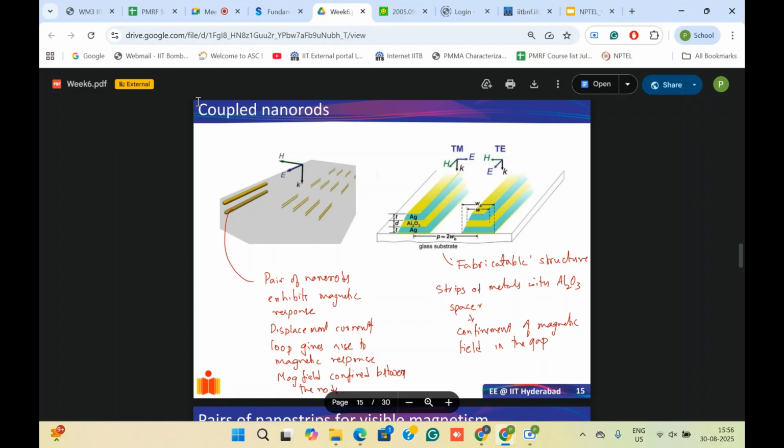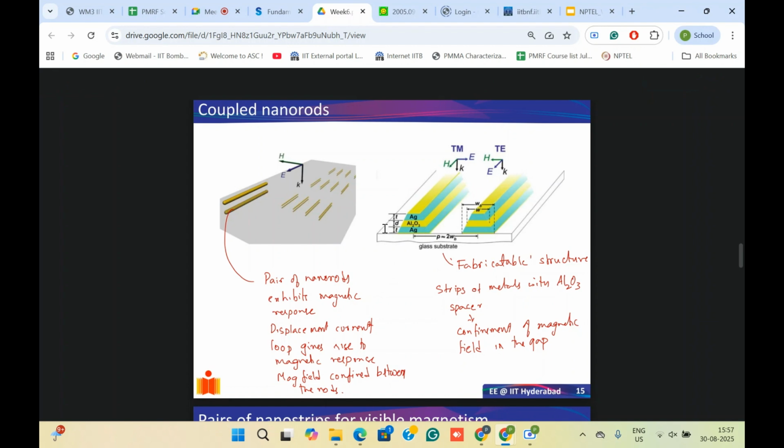First of all, at dimensions of nanometers it is very difficult to fabricate rods like this, and that's why people started fabricating in the micrometer range, or in a shape like this.